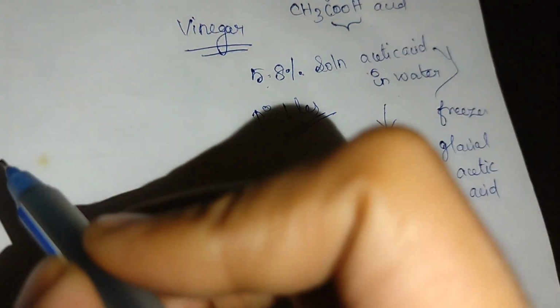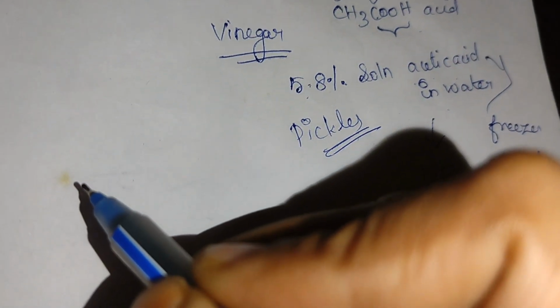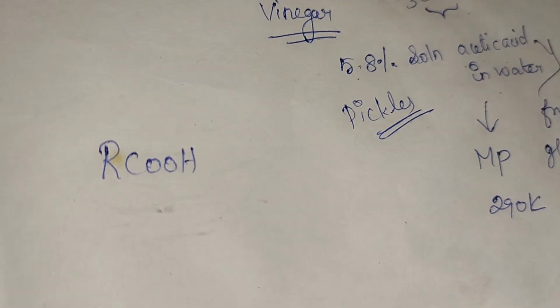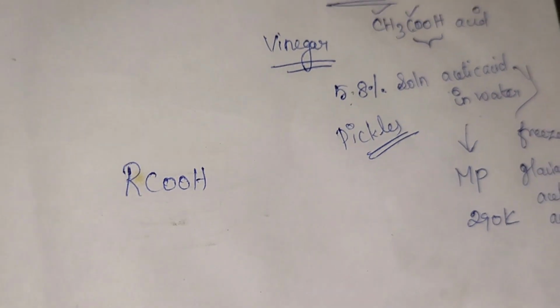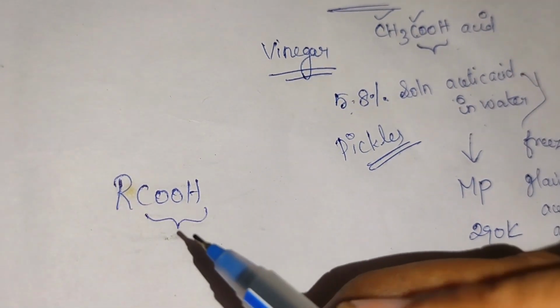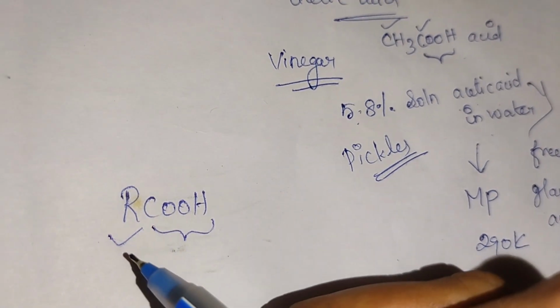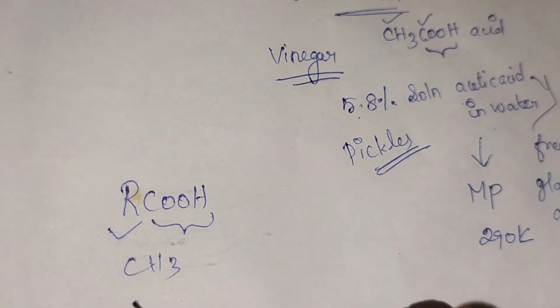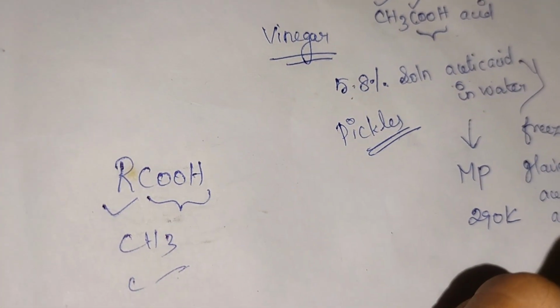How can we write the acid group? Usually we write it like this: COOH means the acid group, and R means an alkyl group, any alkyl. It may be a methyl group or an ethyl group. So any alkyl will be present there.